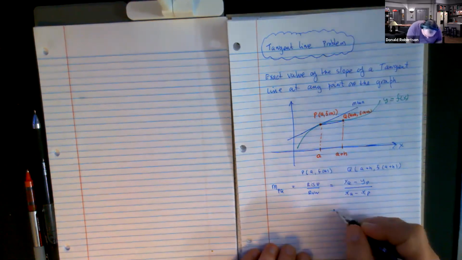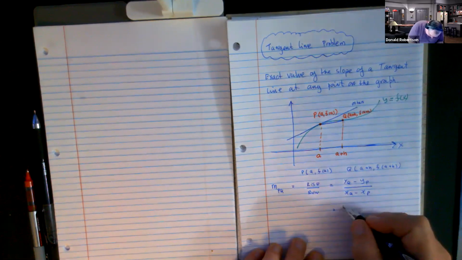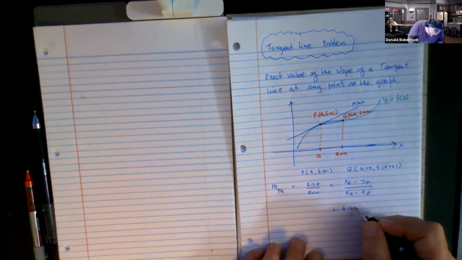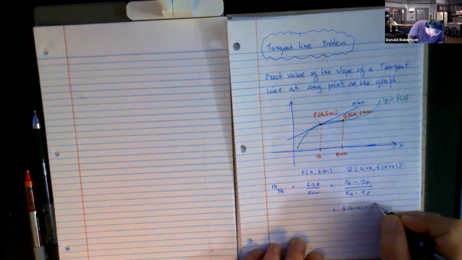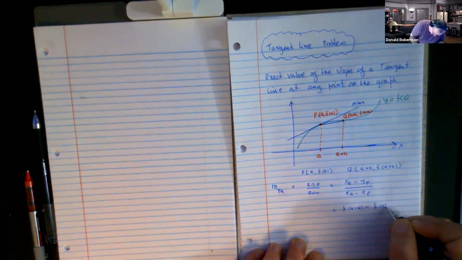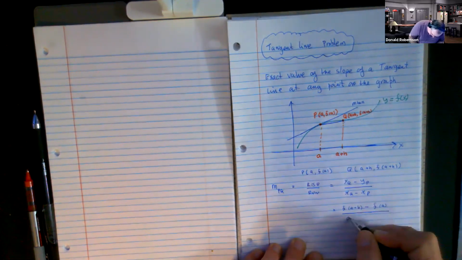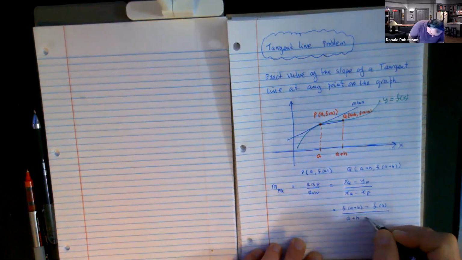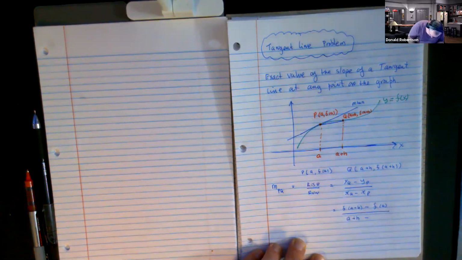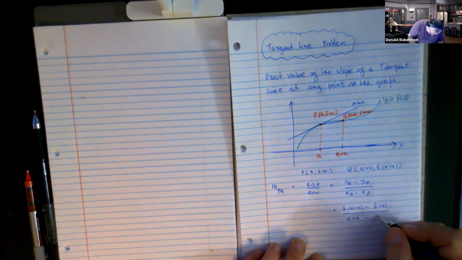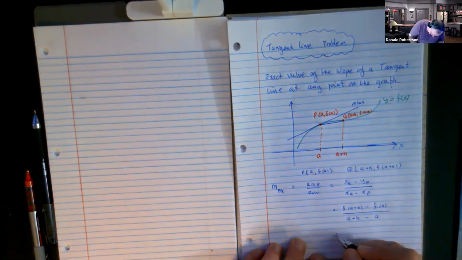The y coordinate of Q is f of A plus H, and the y coordinate of P is f of A. The x coordinate of Q is A plus H. Take away the x coordinate of the other guy, P, and that is A. And there's not much going on, but there is a little bit of cancelling.